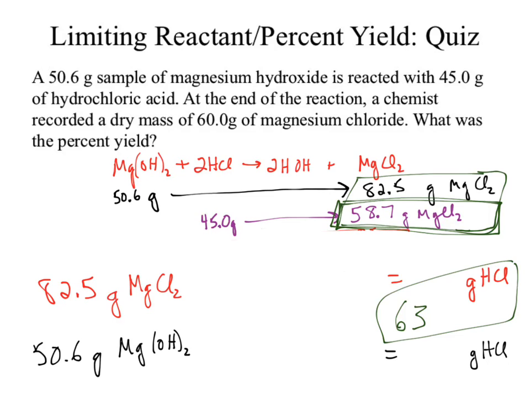Back to Naya's question. To react the 50.6 grams to make our 82.5, how much hydrochloric acid do we need to have?